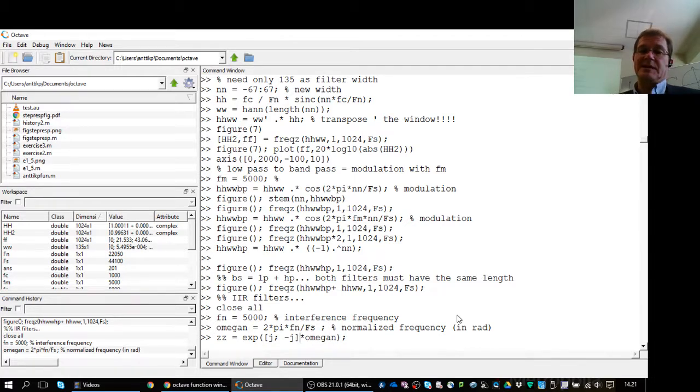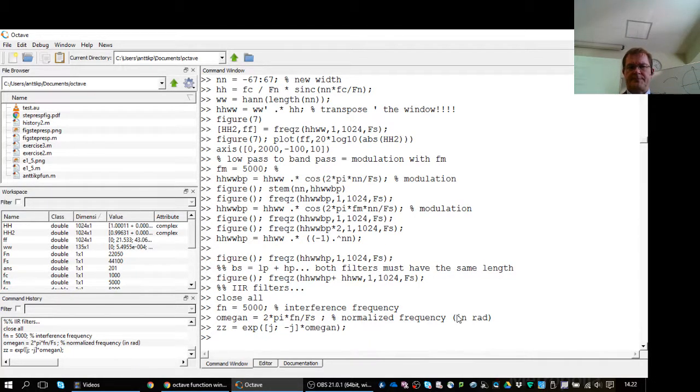So basically the complex conjugate. We can do it also this way: J and minus J. So it gives the angle in both directions here. That way J times omega is here and minus J times omega is there. There, good.